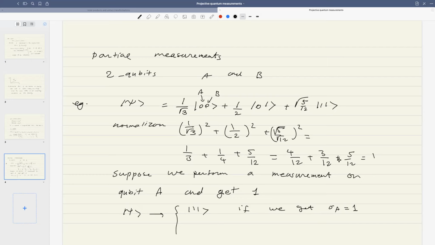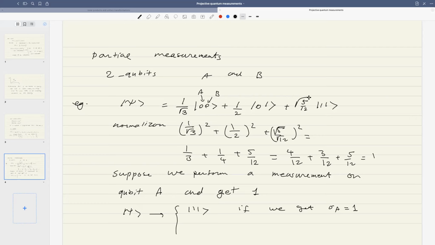Now let's consider the case of getting 0. So what should happen? You see, the idea is that we want to make the minimal change to the wave function. So we have this superposition. We have 1/3 |0,0>, 1/2 |0,1>.